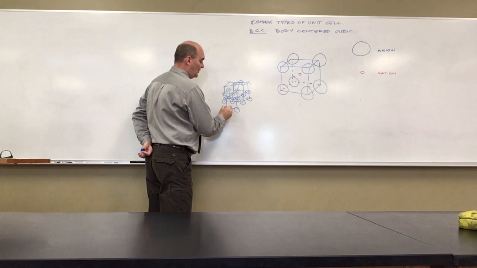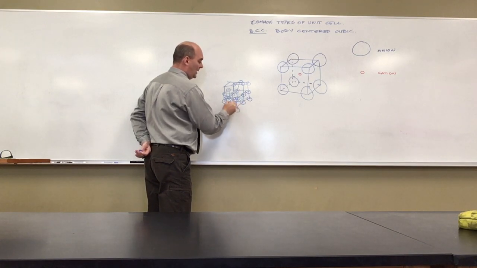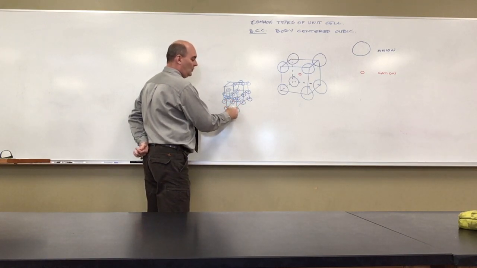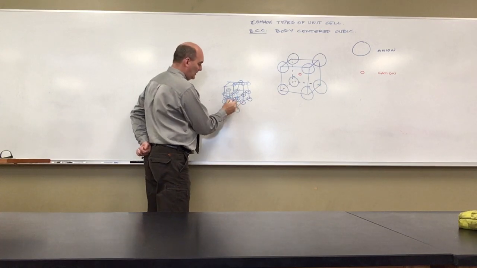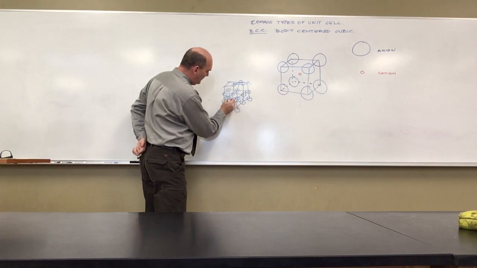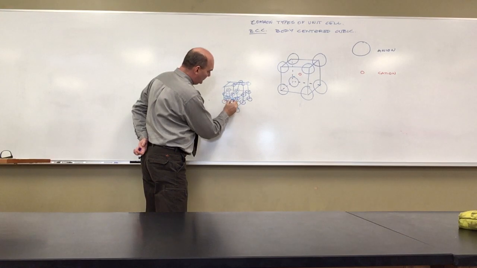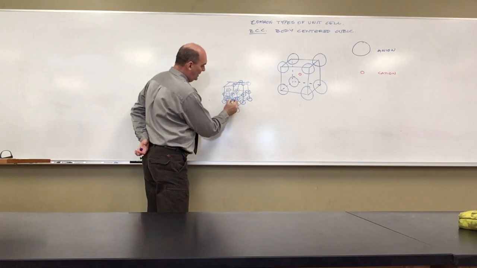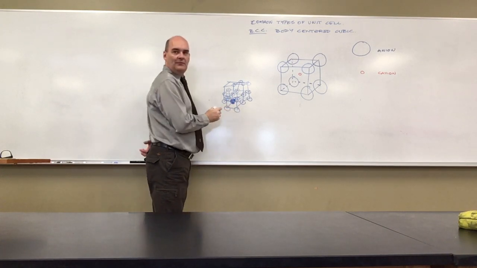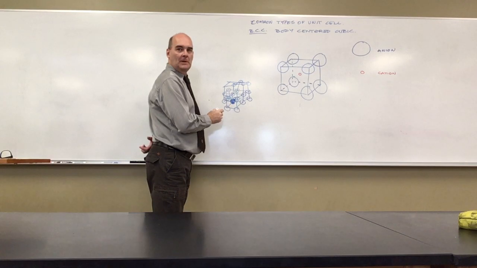Okay? So these ions that I'm drawing on the corners, if I can go back and find one, that one there, it's shared between this cube on the left and this cube on the right and this cube out in front. Okay?